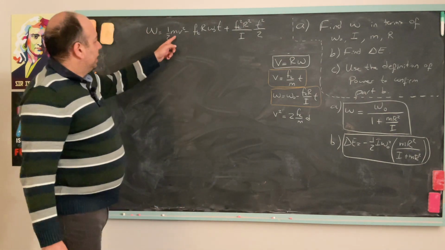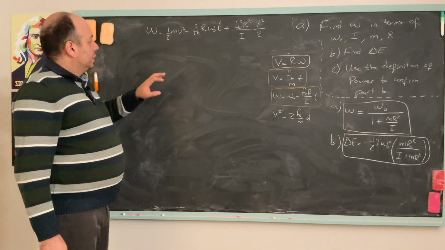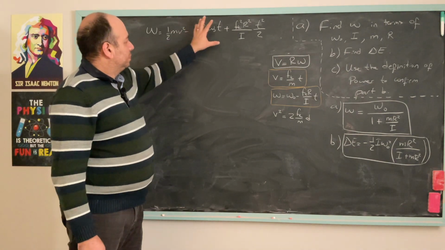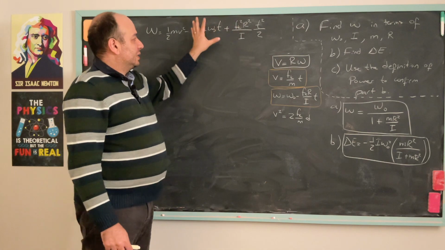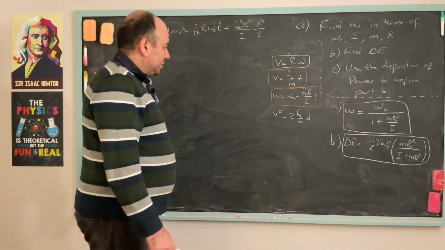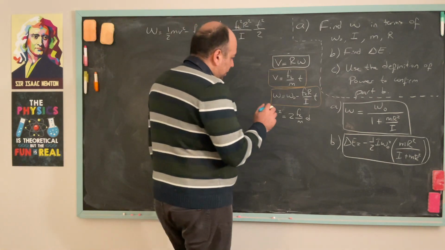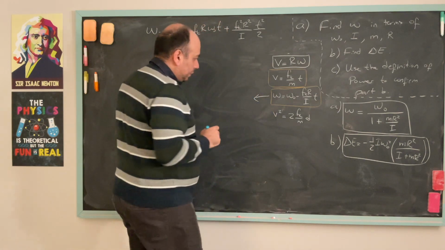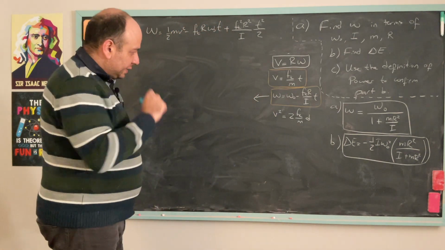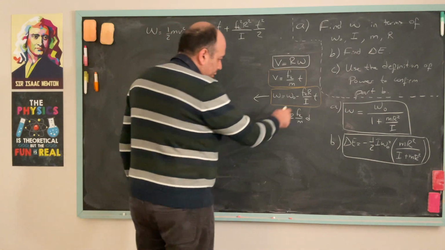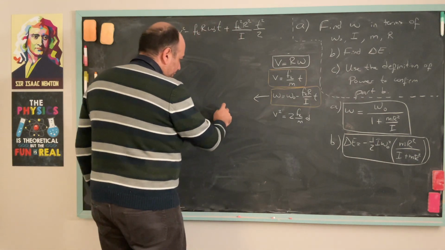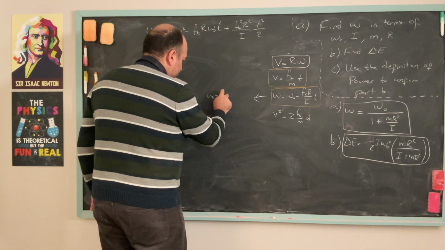I already have the 1/2 m v squared term here, so I want to get some omega naught kind of stuff here, rotational stuff. So I think the best way to go is this equation. So I'm going to solve for t here first. So this is omega naught minus omega.